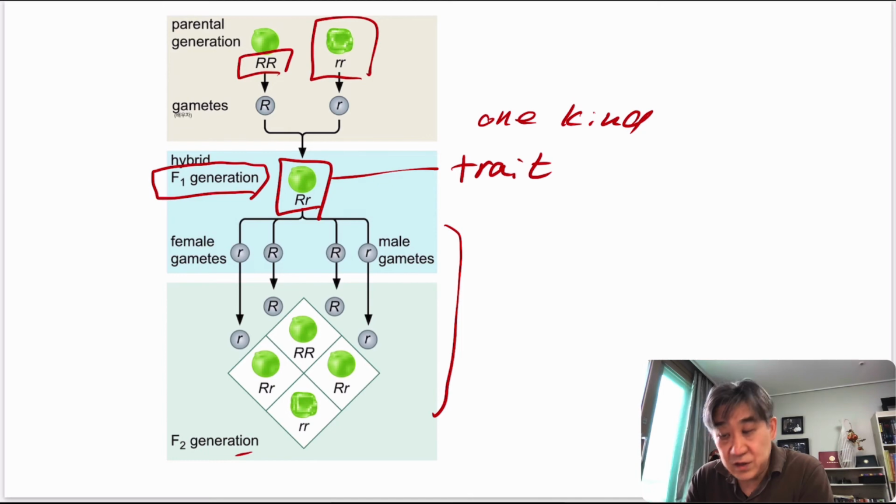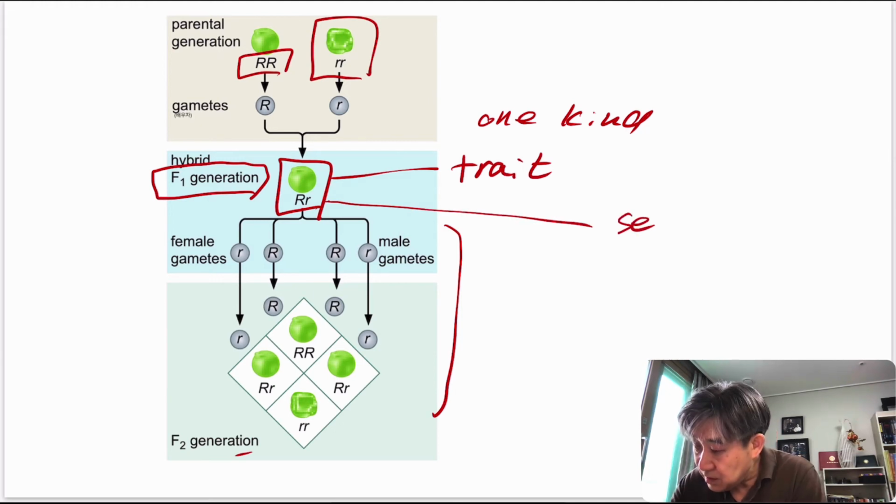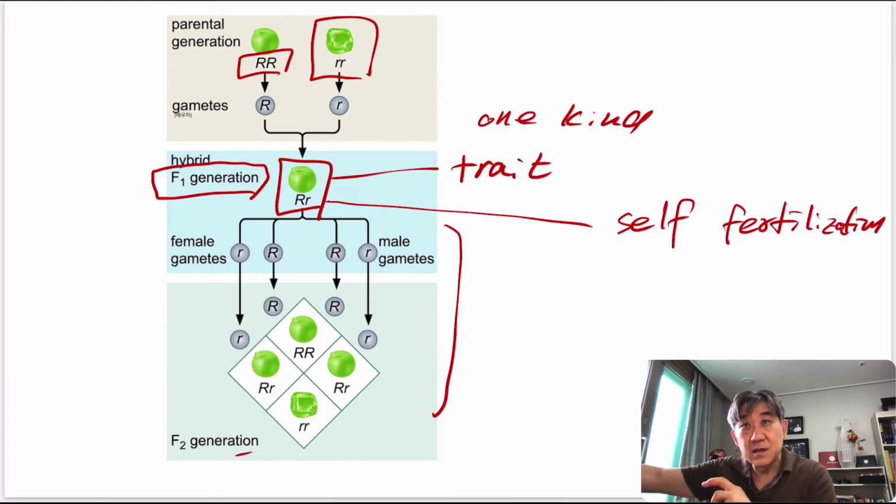But then further continuation of such mating, this was actually self-fertilization. Without inviting any other individual having different traits of this character, Mendel simply continued the reproduction within themselves of these F1 generations.